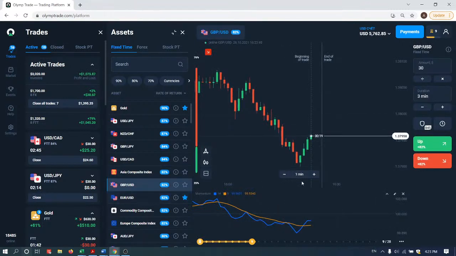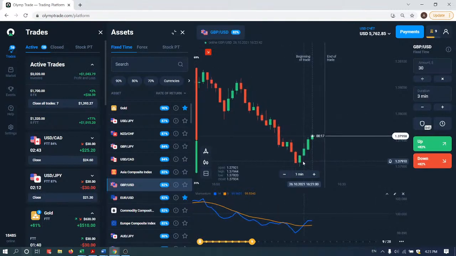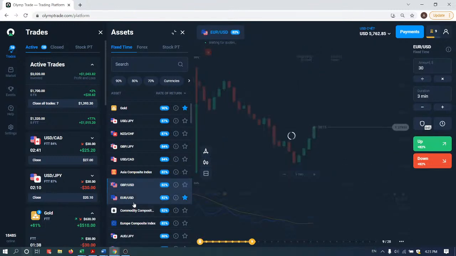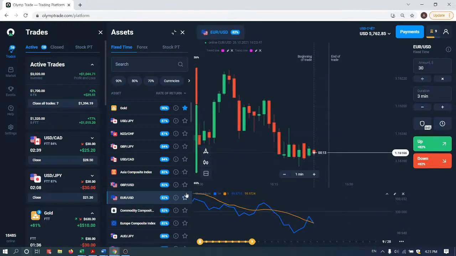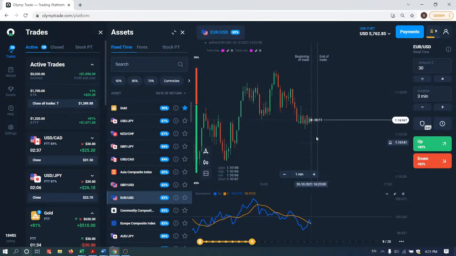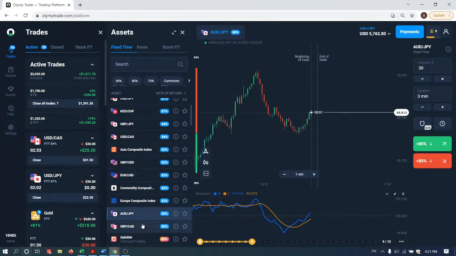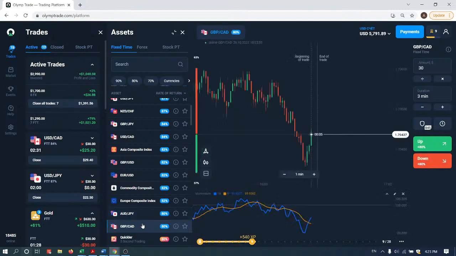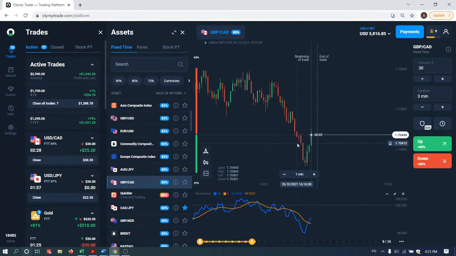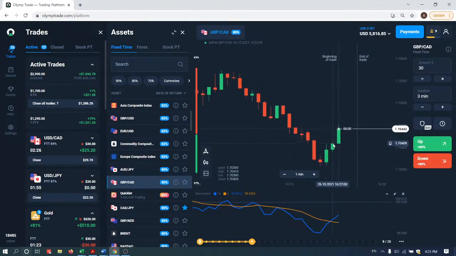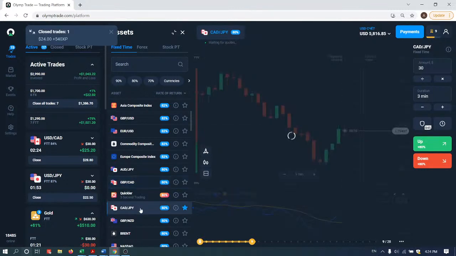GBP USD, okay, the signal was 2 candlesticks ago, and now it is a little bit too late. And also here, GBP CAD, I think it's a little too late also.